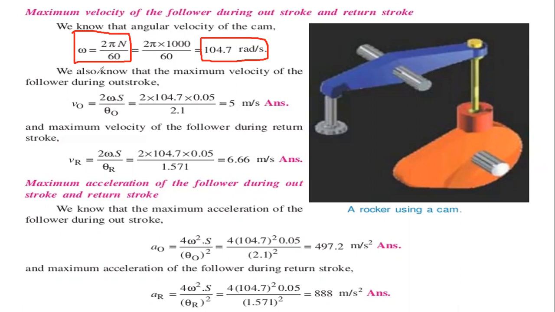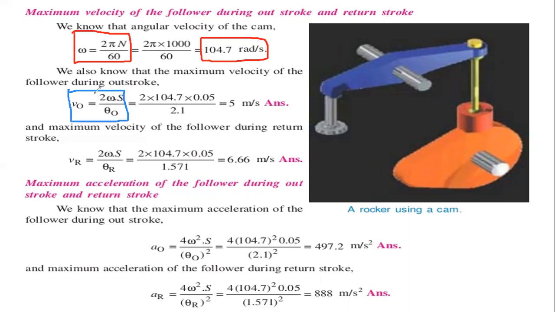The maximum velocity for the outstroke, velocity of O, is 2 omega into s by theta O. Here omega is the angular velocity, s is the stroke of the follower, and theta O is the angle of the outstroke.